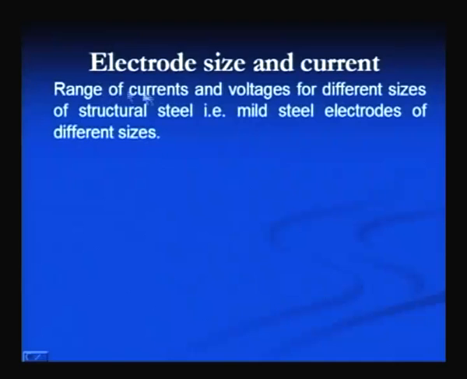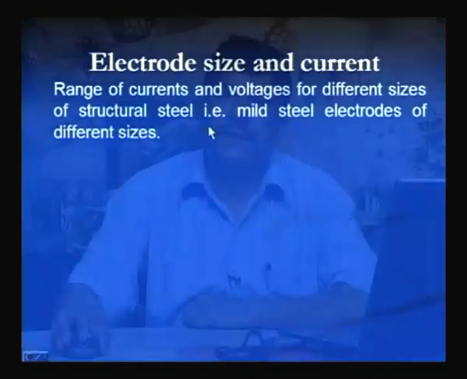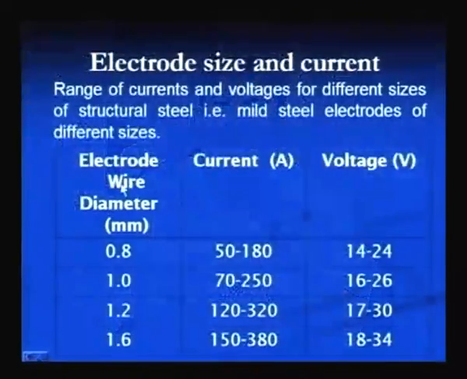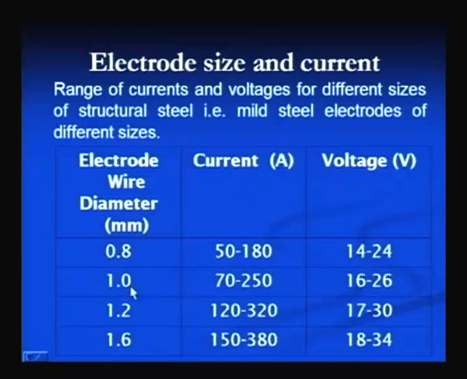The range of the current and the voltage for the different sizes of the structural steel and mild steels have been standardized to a great extent, and those values can be seen from this table. For the electrode wire of diameter 0.8, 1.1, 1.2 and 1.6 mm, the normal current range and the voltage range which is to be used has been established.